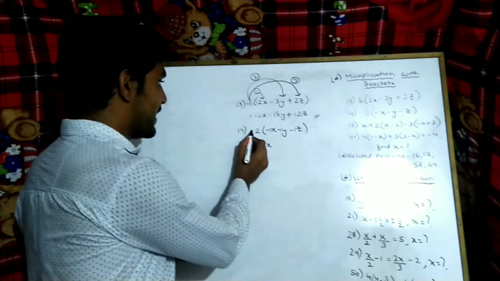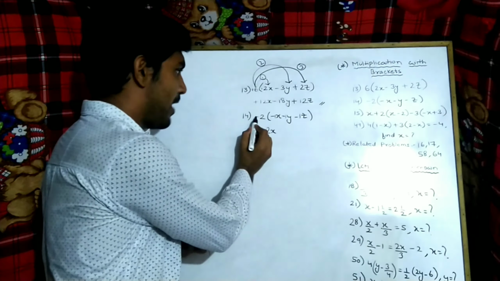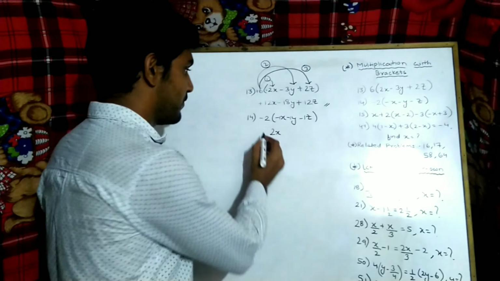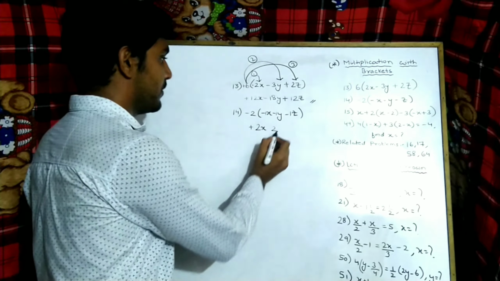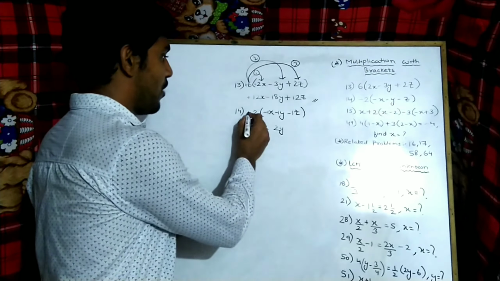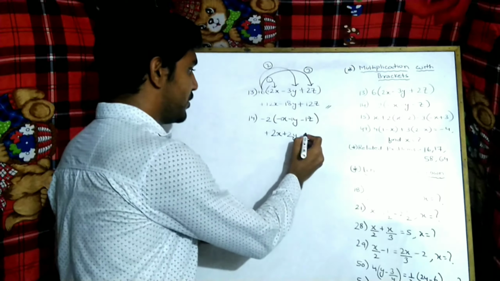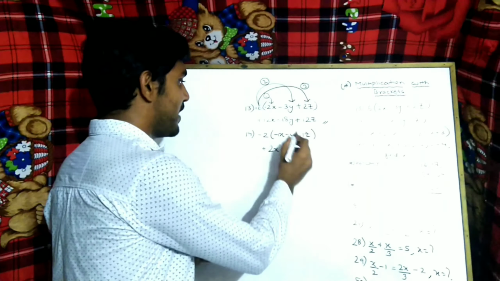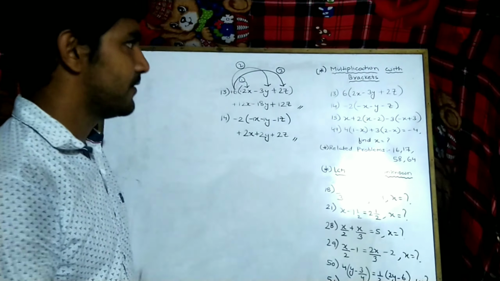Now it carries a minus sign, it is also carrying a minus sign, so minus minus will be plus. Again 2 into 1, 2y, minus minus will be plus. Now 2 into 1, 2, minus minus will be plus. So it comes. Clear? This is the answer.